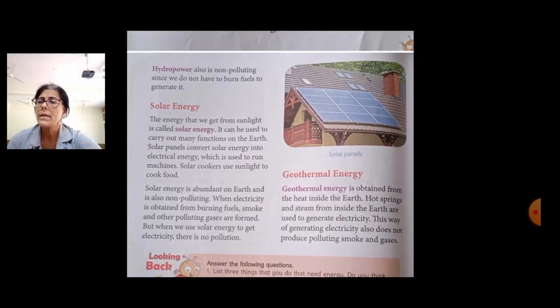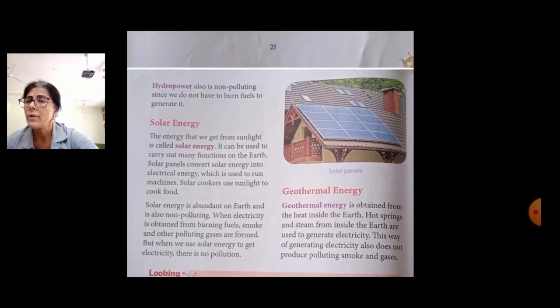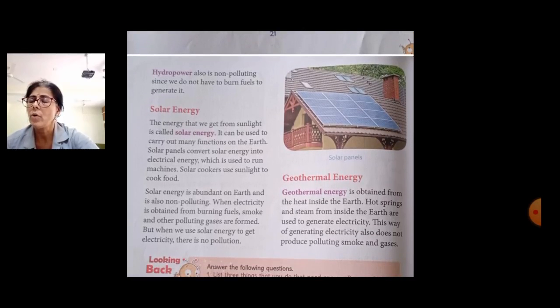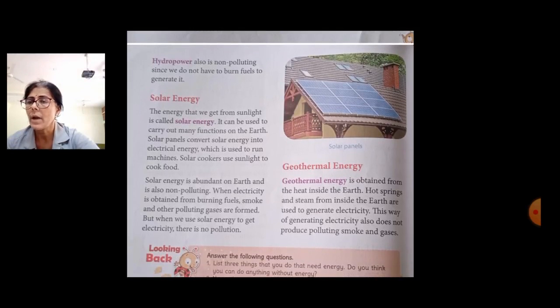The electricity generated from the moving water is known as hydropower or hydroelectricity, right? In this we do not have to burn the fuels. So this is also environment friendly, right?